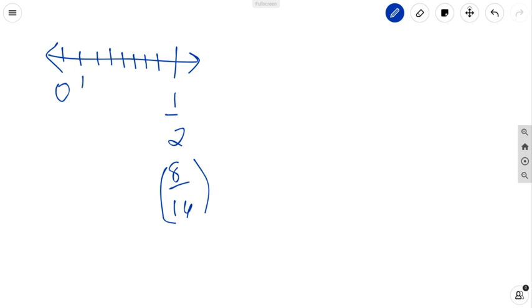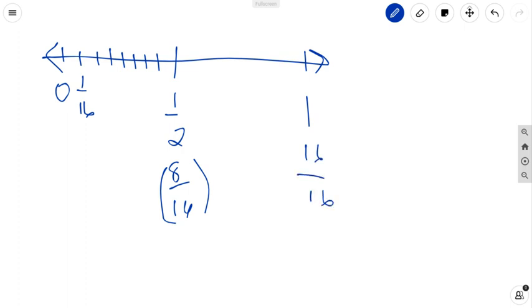So each of these little dash marks equals a 16th. All right, so let's say this first one is 1/16, and obviously if I kept the line going all the way through, this would be 1, which is 16/16. I'm not going to put any information down here, but now you see that we have the 16ths.